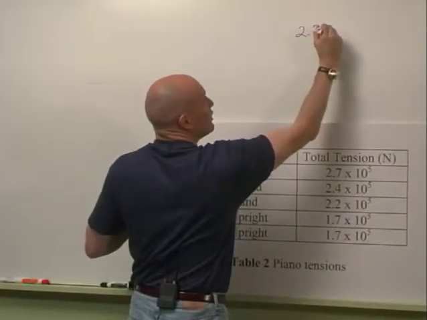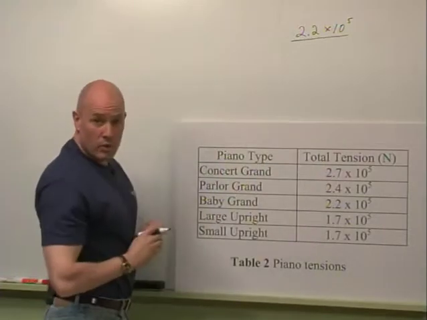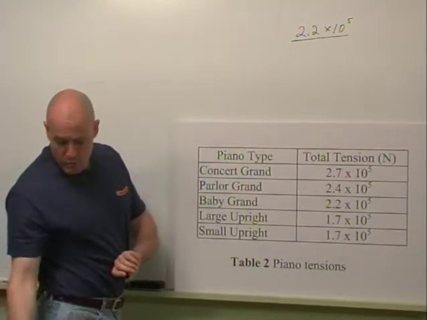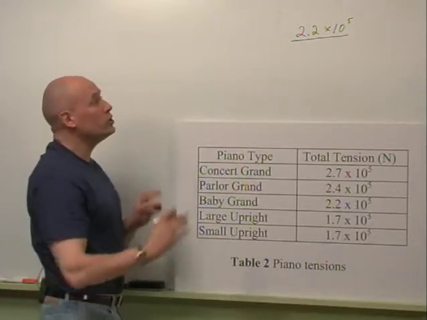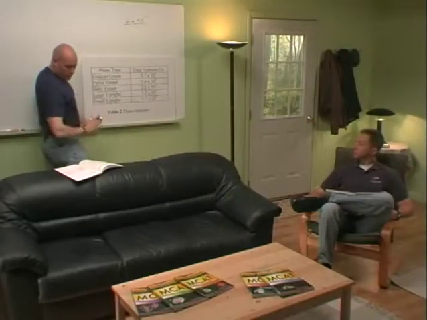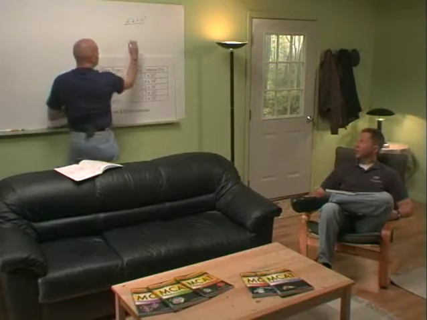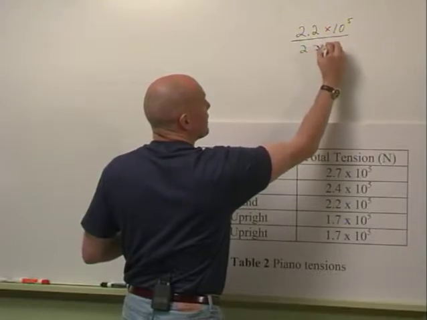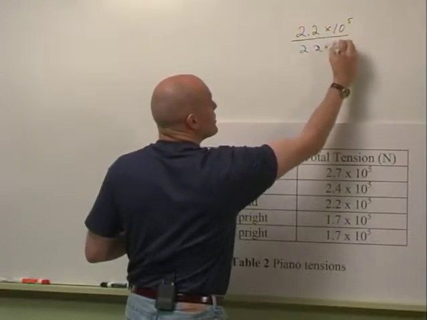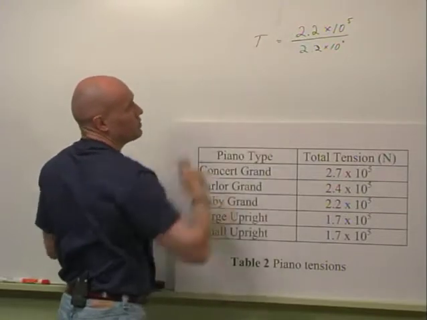If we divide by the number of strings on a piano, and the first paragraph in the passage gives us 220 to 255, we should get the average tension. So what number should I choose? 220, because it's a multiple of 2.2. Exactly. So 220 is 2.2 times 10 squared, and that's going to give me roughly the average tension.